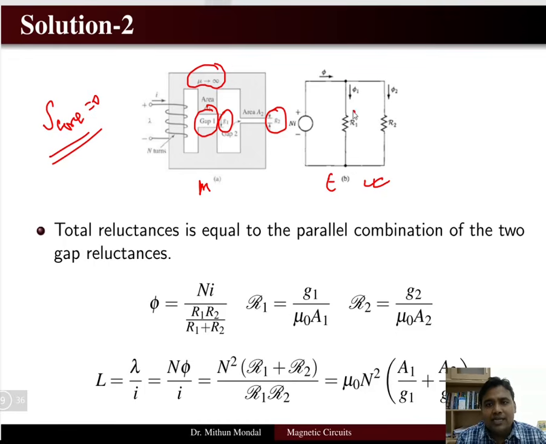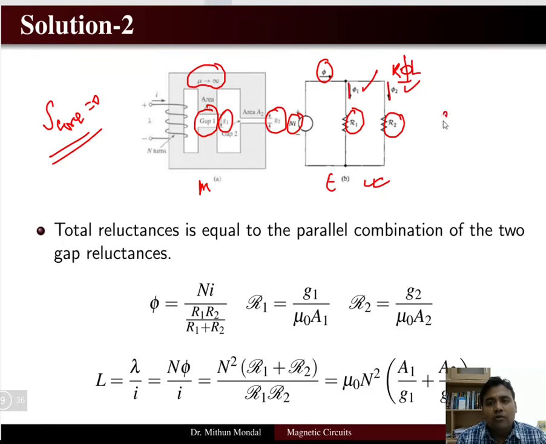In this case the two parallel air gaps are represented by the reluctances R1 and R2 in parallel, and the total MMF Ni will produce a flux phi which will be divided into two fluxes, phi 1 and phi 2. So basically Kirchhoff's flux law applies here.